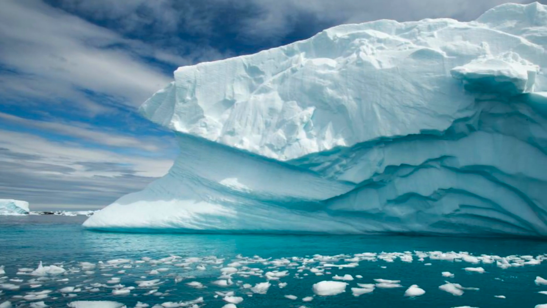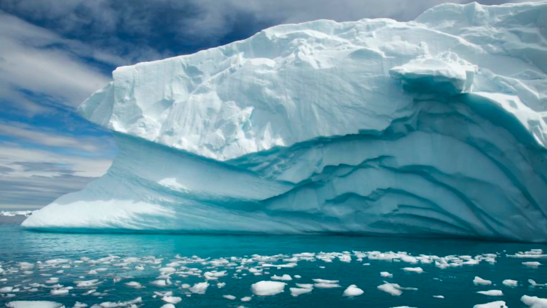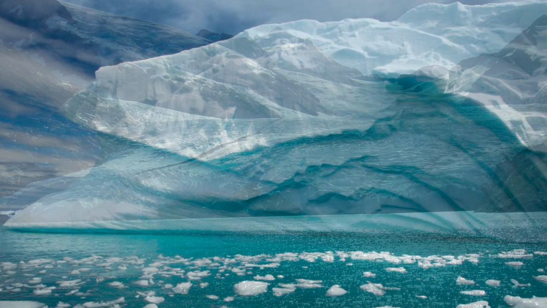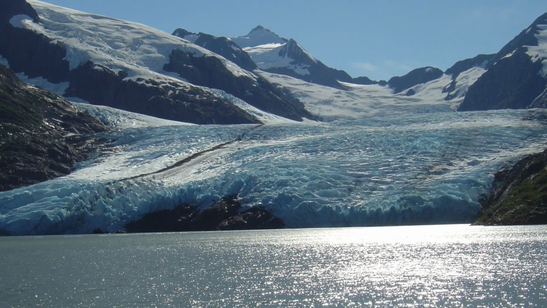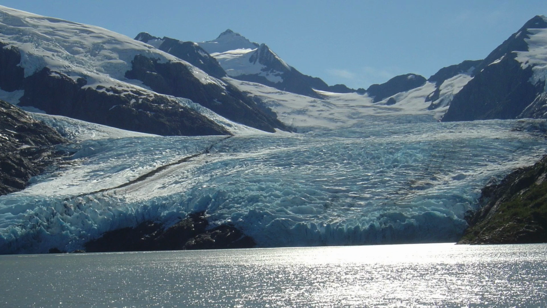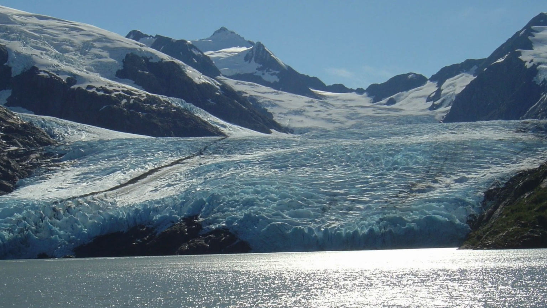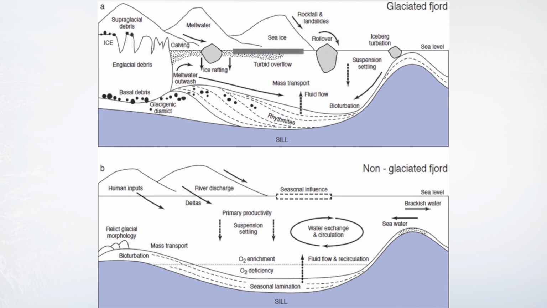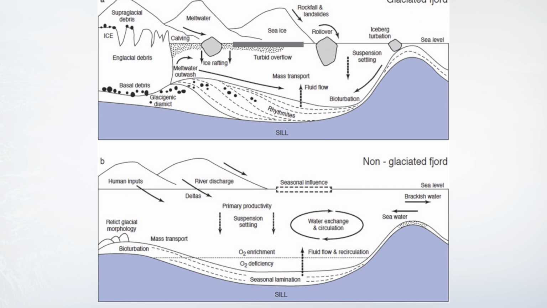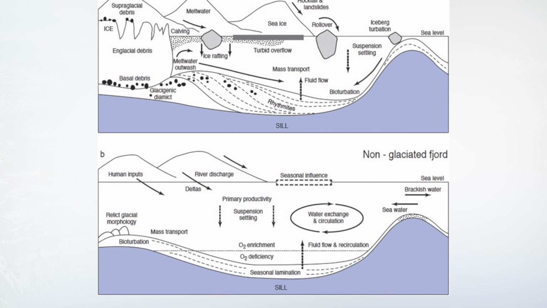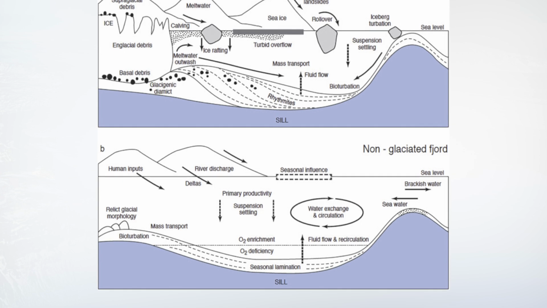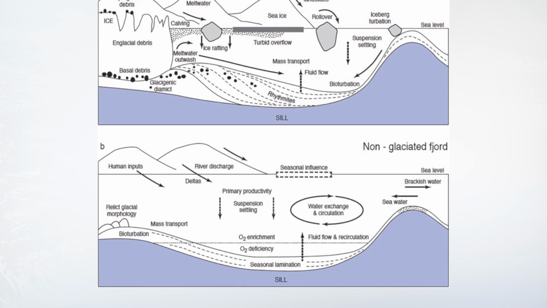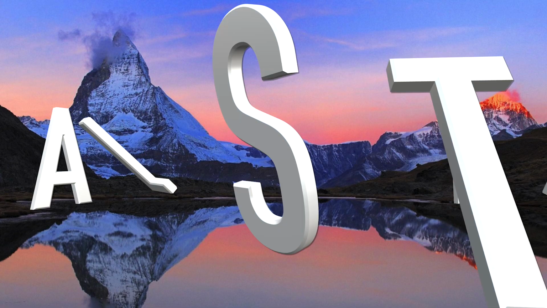Sea level was significantly lowered during the Pleistocene Ice Age, and thus pre-existing river valleys were further deepened by the glaciers. These valleys later submerged under the seawater because of the rise in the sea level due to deglaciation, and these submerged glaciated valleys became fjords.